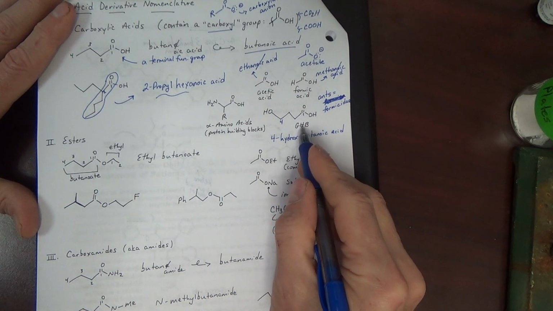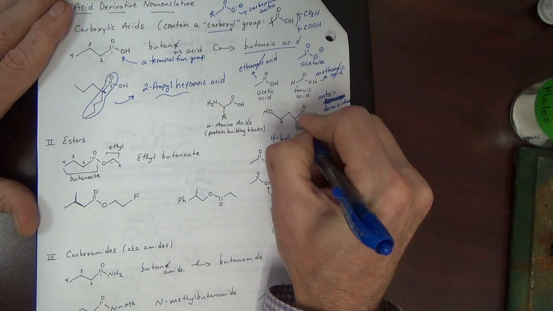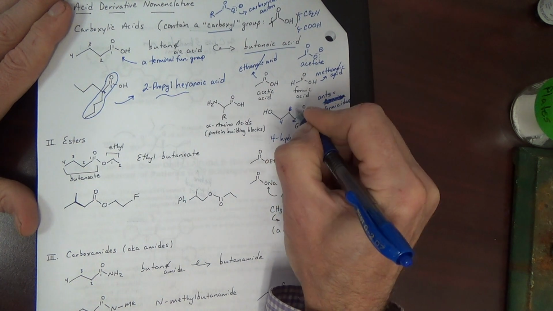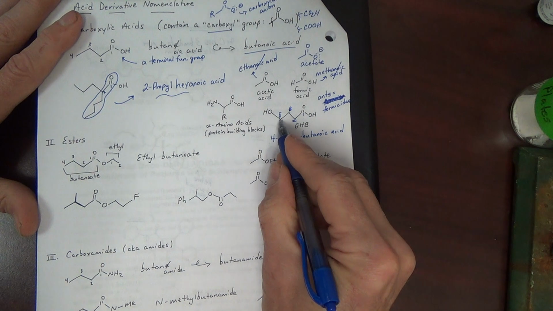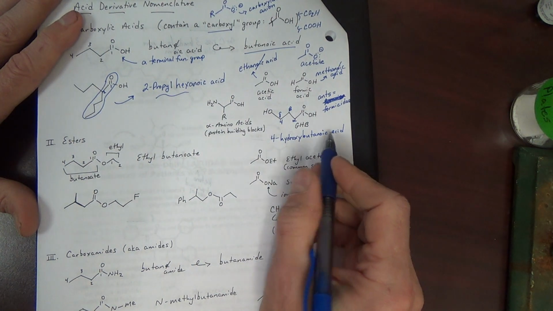Okay, hydroxybutanoic acid. What's the G? The G is because another way to number this is alpha, beta, and gamma. That's also called the gamma position. And you could also call this gamma hydroxybutanoic acid, GHB.